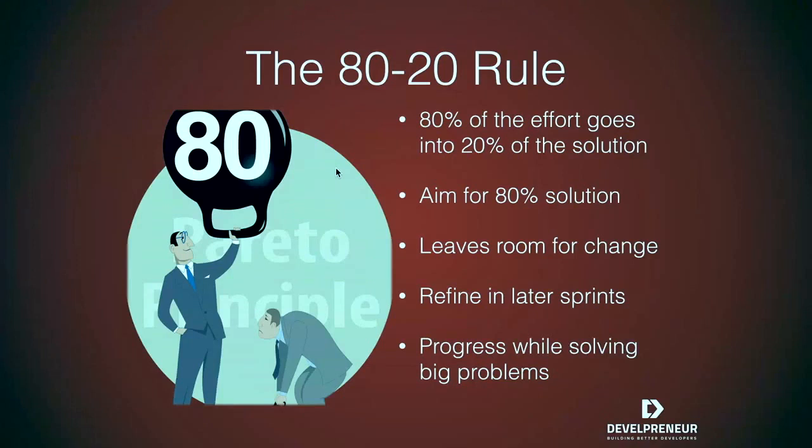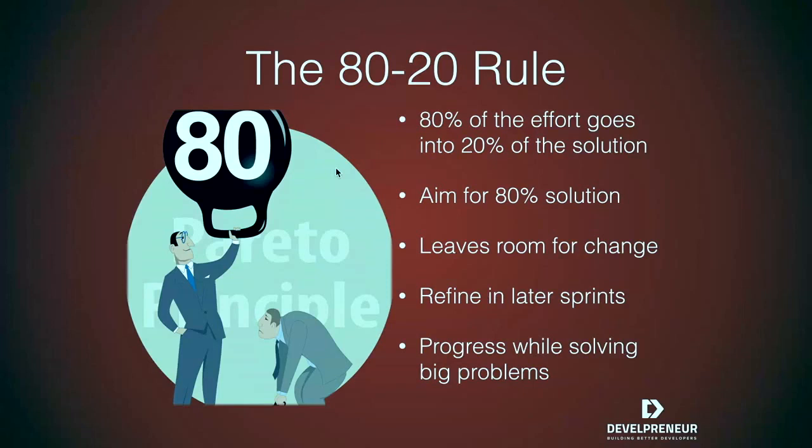Now, one of the big things that you get out of Agile, and it's really an unspoken focus, is the 80-20 rule. It's the Pareto principle, but more commonly known as the 80-20 rule, which says that 80% of your effort goes into 20% of the solution, and correspondingly 20% of your effort goes into 80% of the solution.